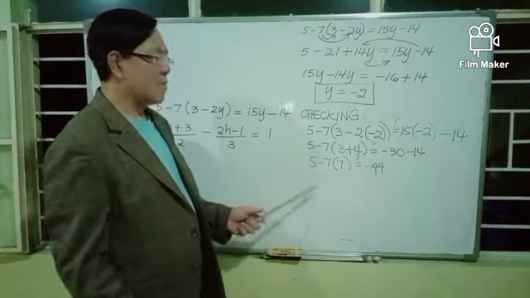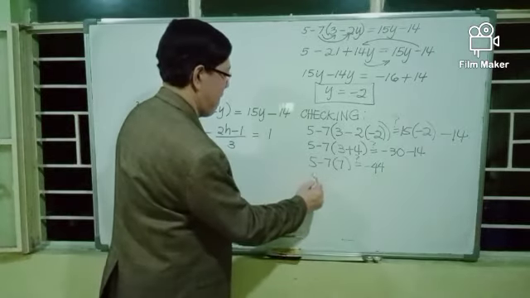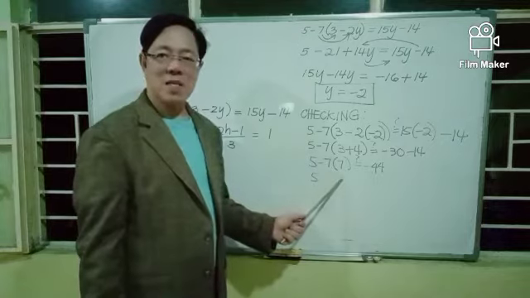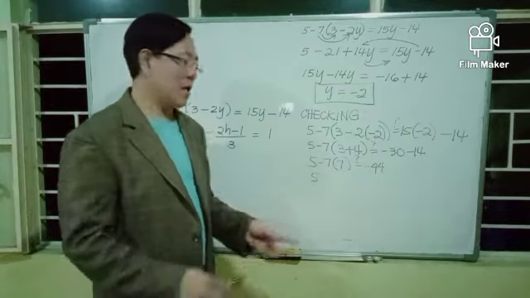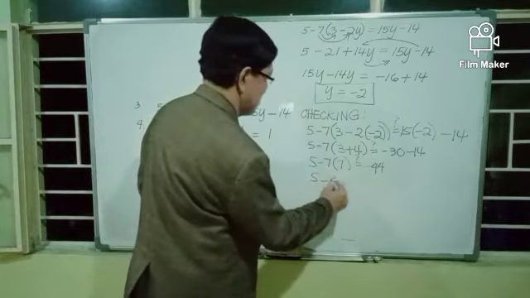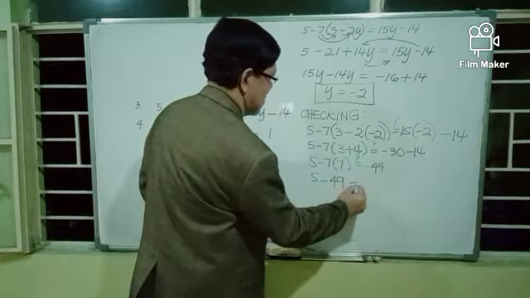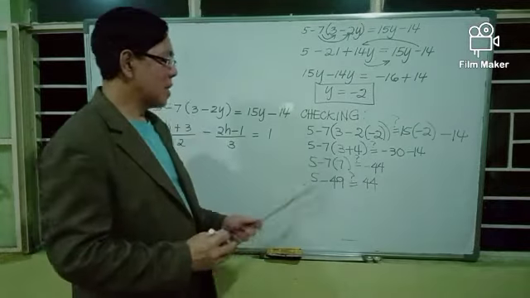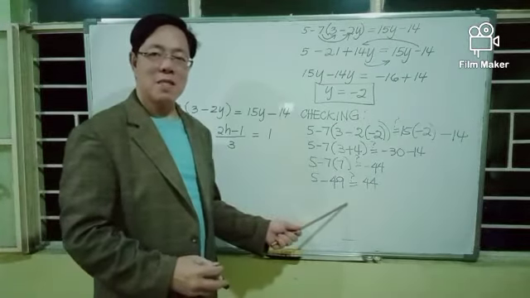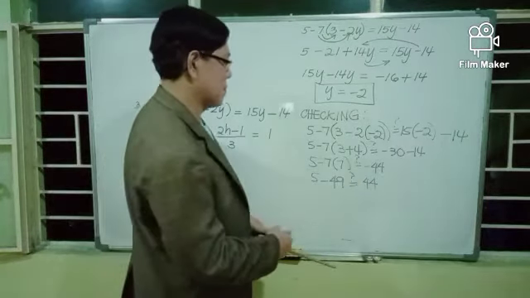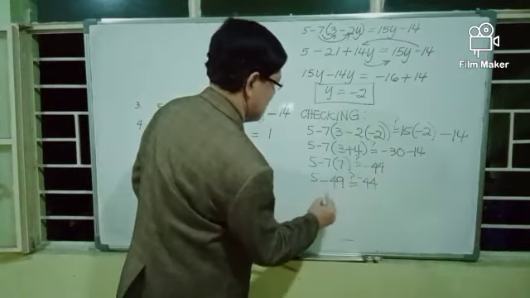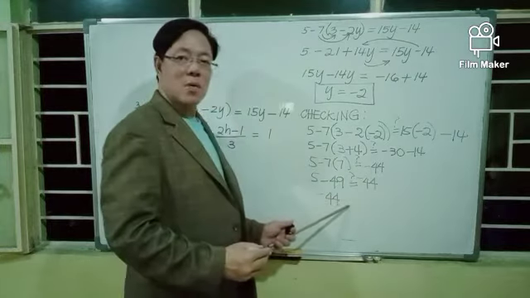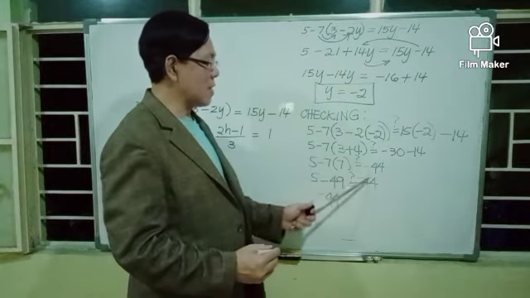We have 5. We multiply negative 7 times positive 7, which is negative 49. Finally, 5 minus 49 is negative 44. And that is equal to the right hand side, negative 44.